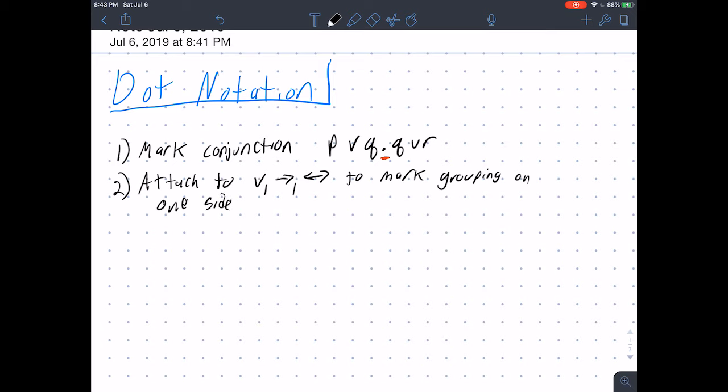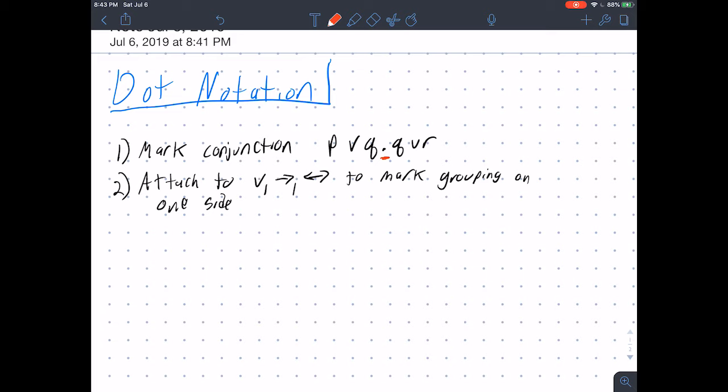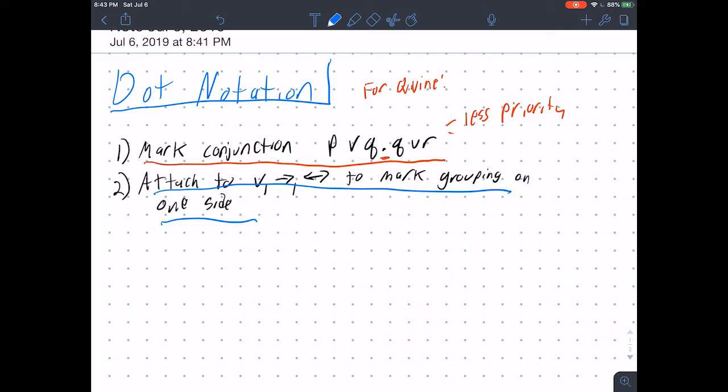And the reason why I didn't go into incredible detail about how this works is I'm actually doing something different than Quine's book, the official book, does. So for Quine, but not for us, the conjunction marking function of the dots has less precedence or priority, and the dots that attach to one side of the groups have more priority.